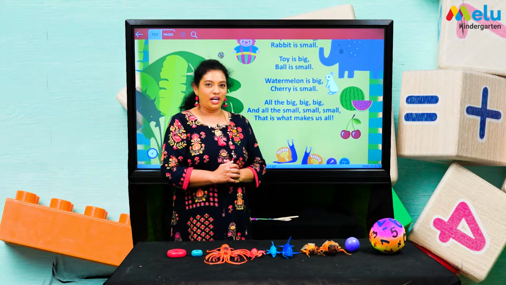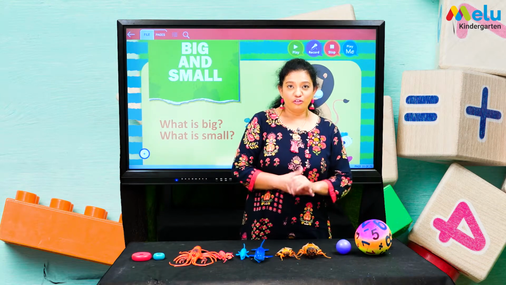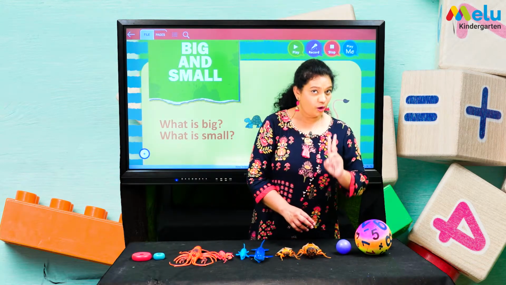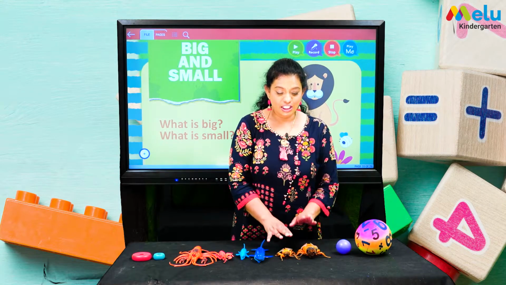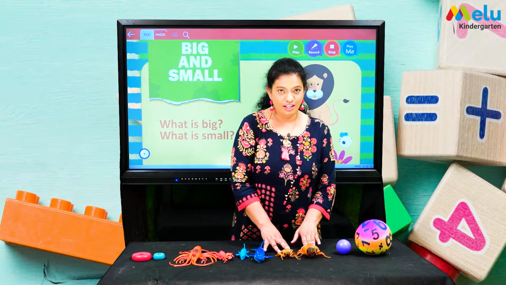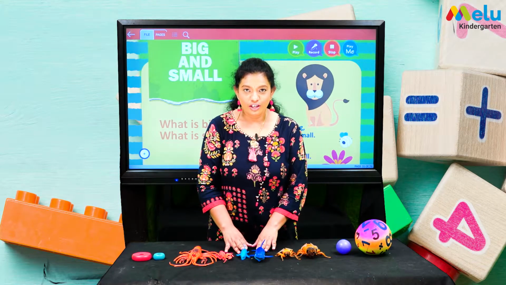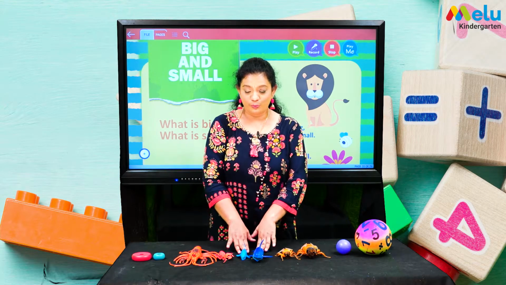Okay? Can you see here? See children what I have brought for you. I have brought two balls. Then I brought an insect, it is a housefly. Then these are dolphins, so I brought two dolphins for you.